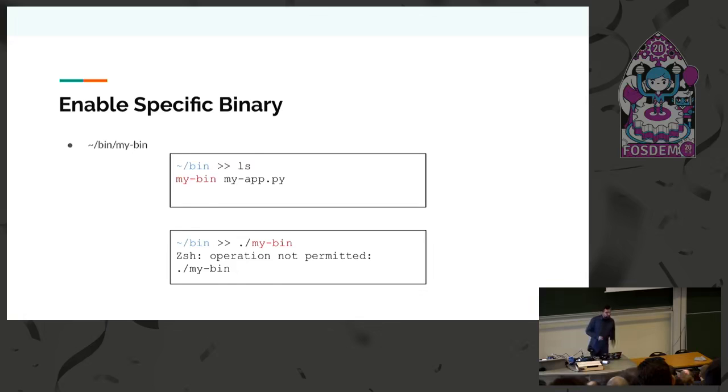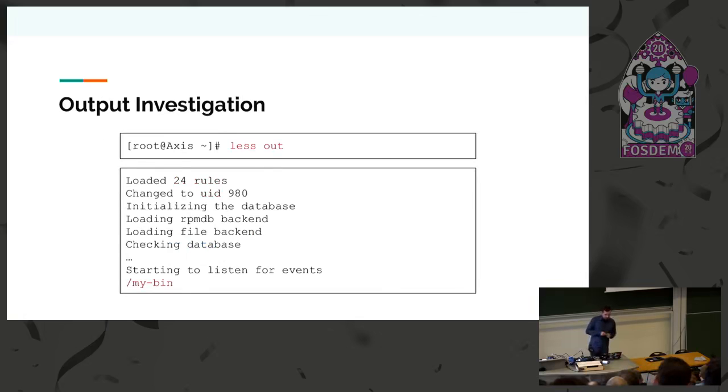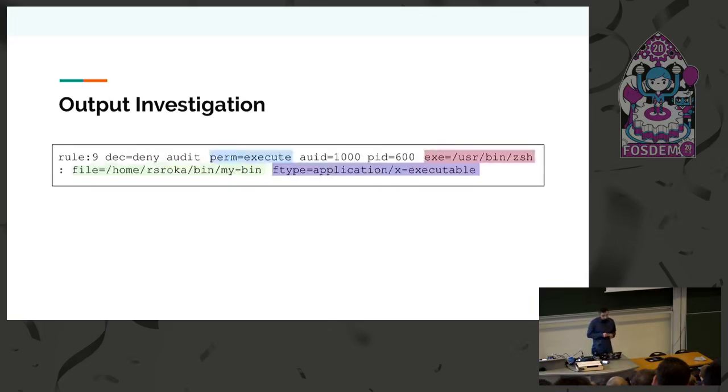So what can we do about it? Well, we can investigate the output of the Fapolicyd. If we start looking for my bin, we should find something like that, which says that rule 9 from the rules file has matched.